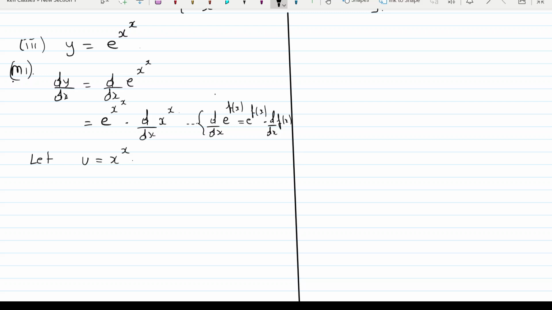So you can literally copy from there or write down the solution. Sir, what is the correct answer for x raised to x? The derivative d by dx of x raised to x is x raised to x into 1 plus log x. Yes, that is the answer.